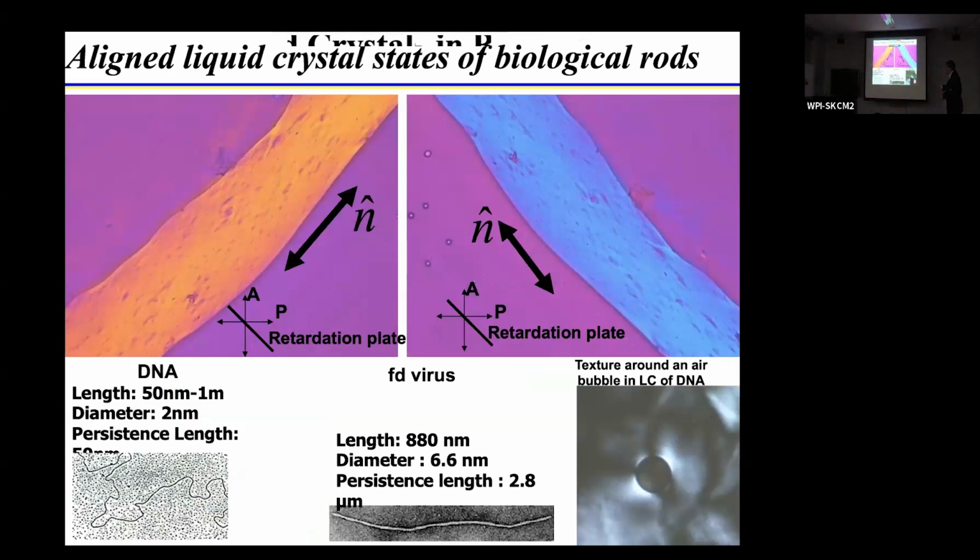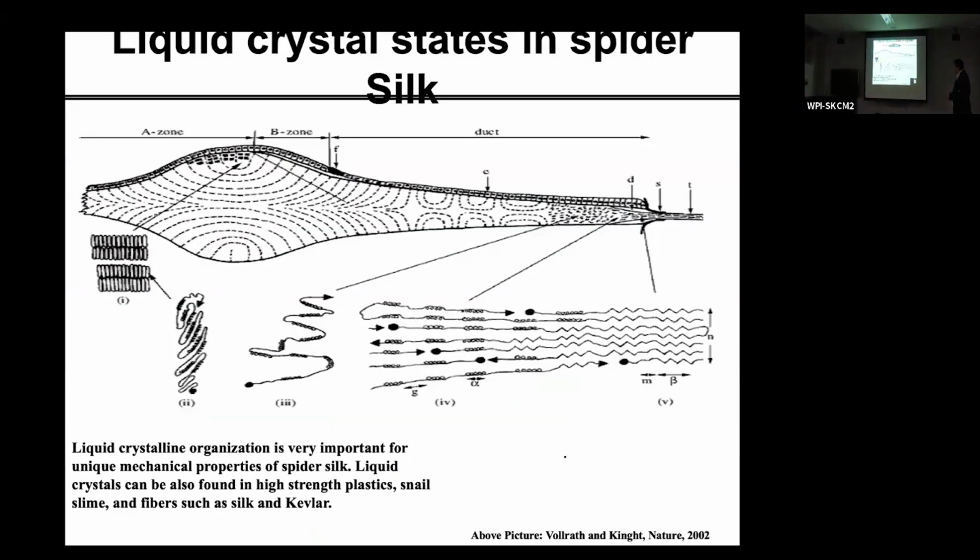But in this case, actually, we have only orientational ordering, and this birefringence comes from the combination of this orientational ordering and the properties of such DNA molecules. So also in nature, there are many other examples of orientational ordering that has biological functions.